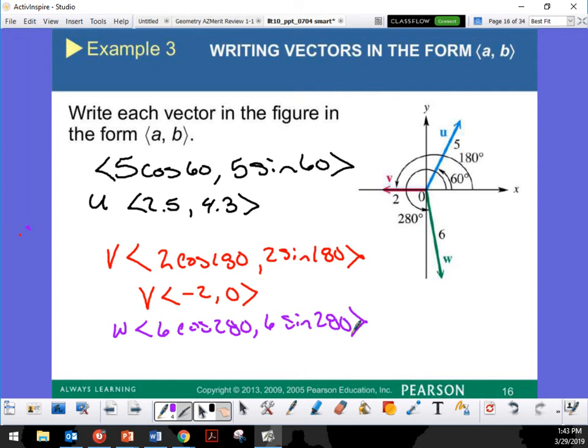All right, what did we get? 6 cosine 280? -5.90. So it is -5.90. So wouldn't that still be 5? Let's go -6. Okay, or -5.9. Either way, still fine. 1 decimal is good.